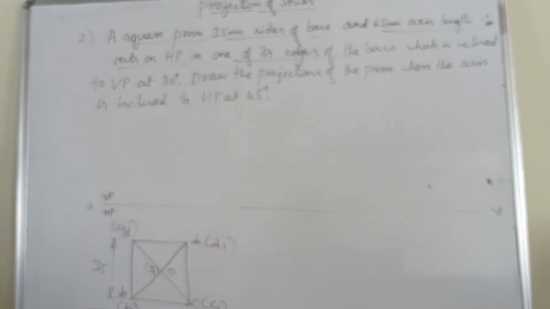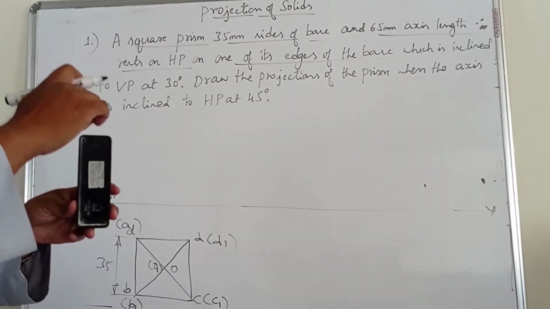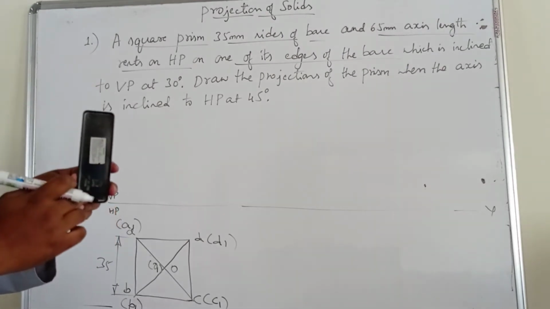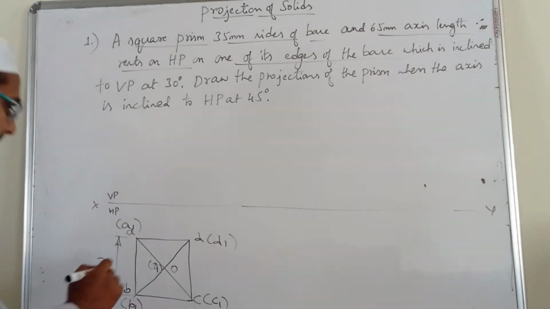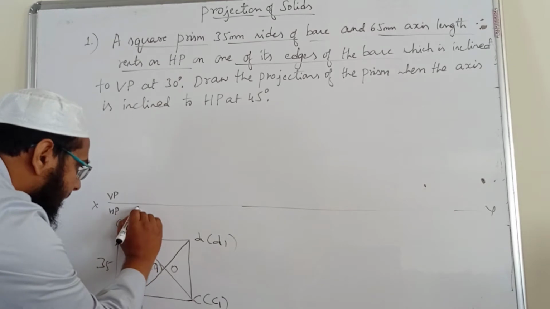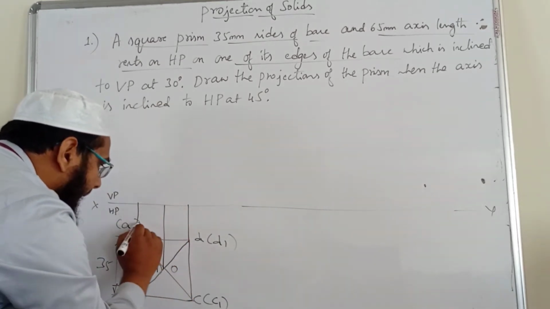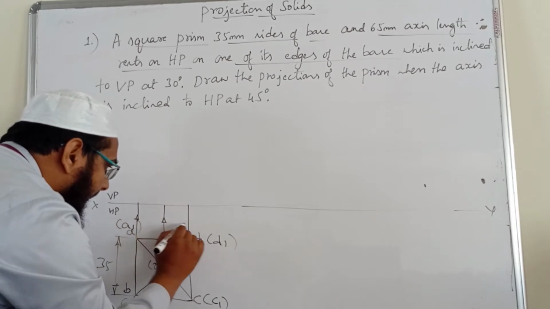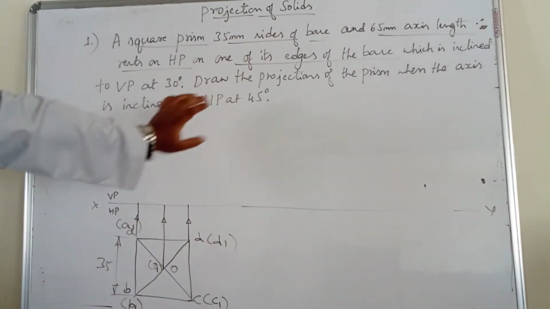Using the 65 mm axis length we can draw the front view. The axis connects the top face and the bottom face and has a length of 65. By projecting, these are the projection lines. Using the 65 mm axis length, I am drawing the front view.